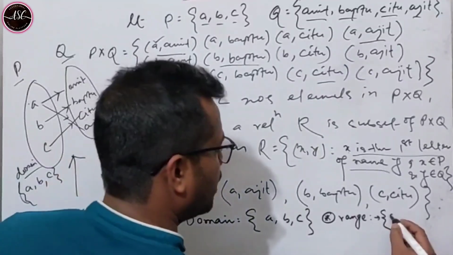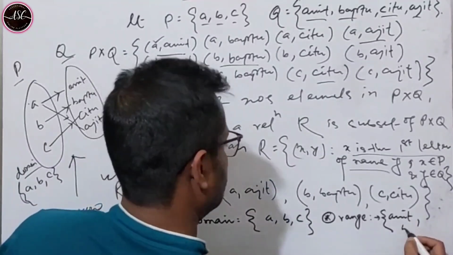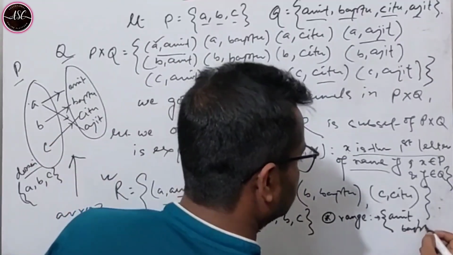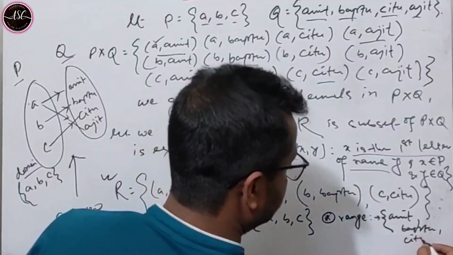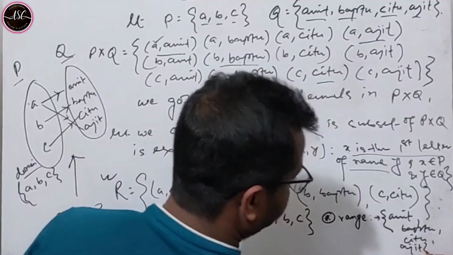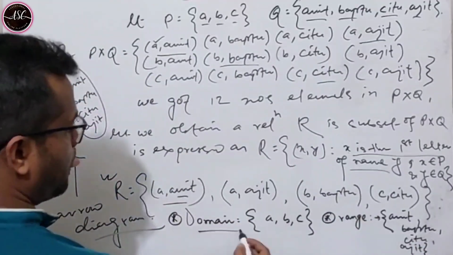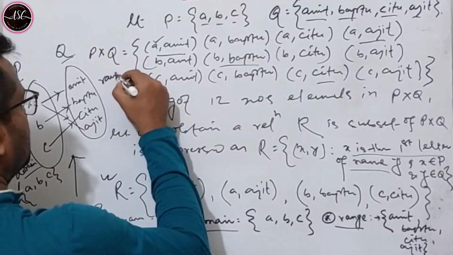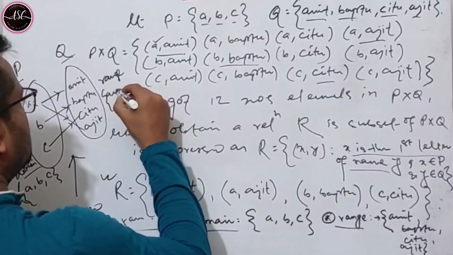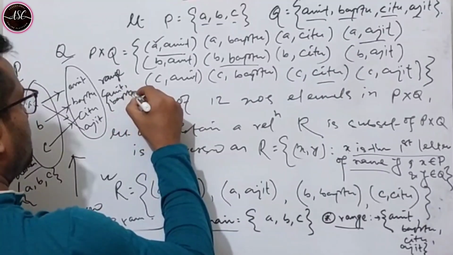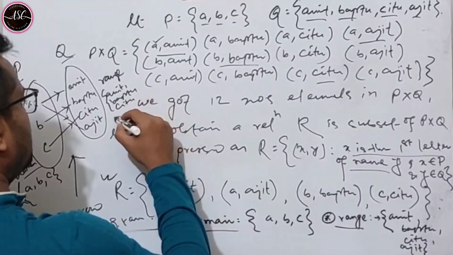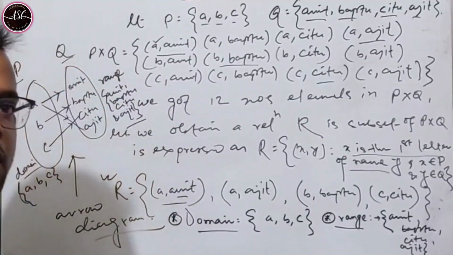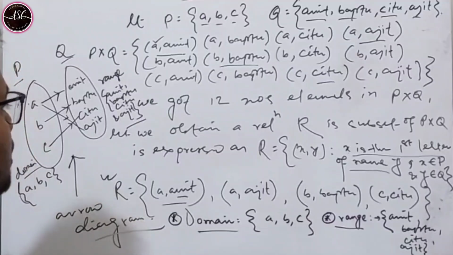So here the range will be Amit, Baptu, C2 and Ajit. Okay. Now we will do an example to better understand this.